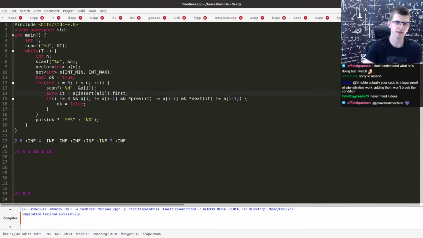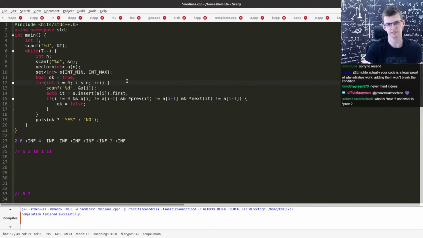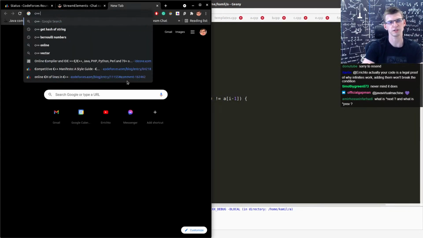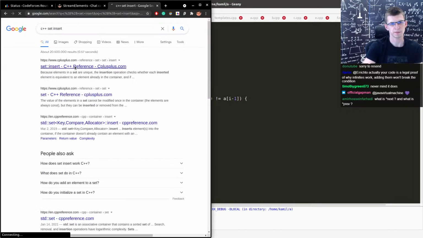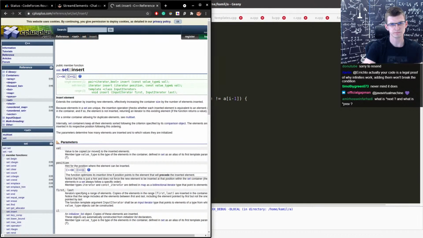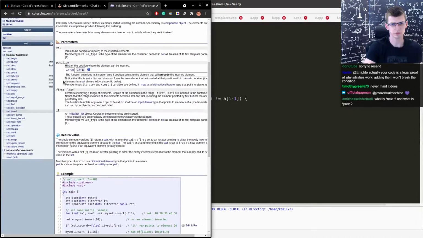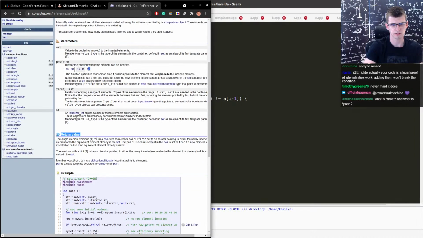Now for everything like that, if you don't know what happened, then you can always just use Google to figure this out. C++ set insert. And it will tell you the returned value. It returns a pair, iterator, something.